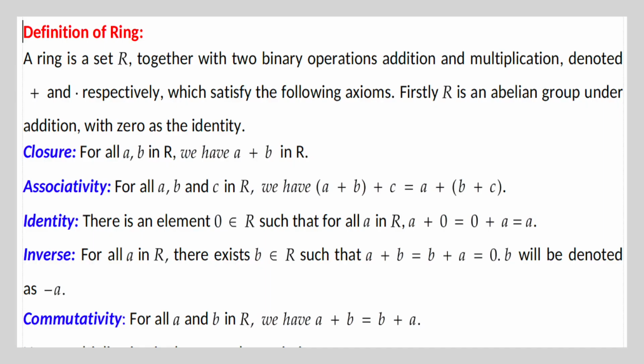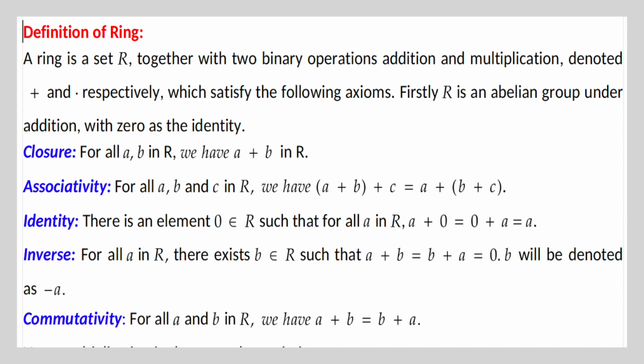Definition of ring. A ring is a set R together with two binary operations, addition and multiplication, denoted plus and dot respectively, which satisfy the following axioms. Firstly, R is an abelian group under addition with 0 as the identity. Closure.